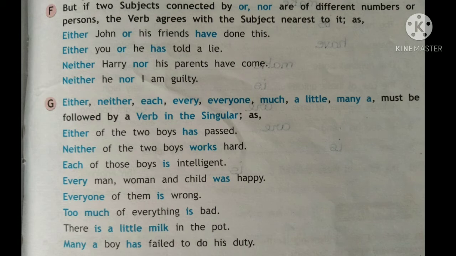"There is a little milk in the pot." "Many a boy has failed to do this duty." So, whenever we have these words in the sentence, and though there are two persons or numbers in that sentence, we will use the singular verb.